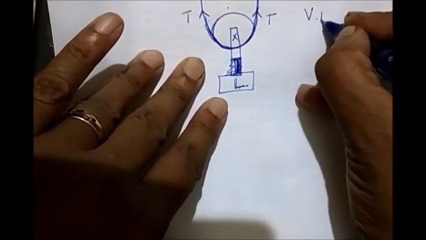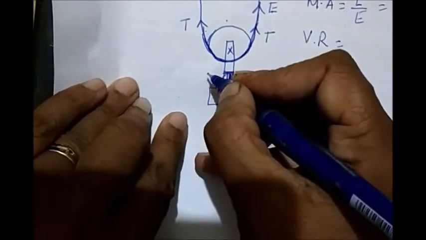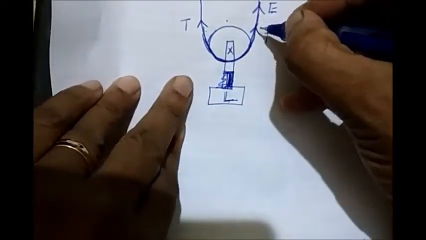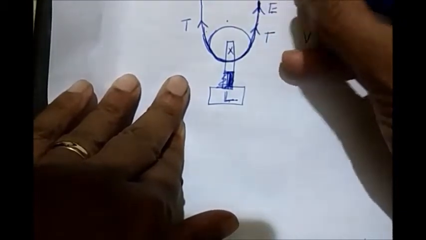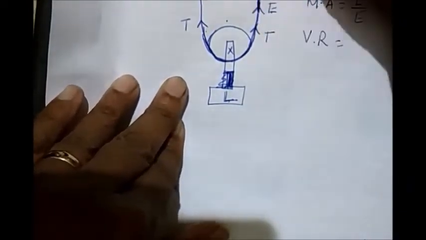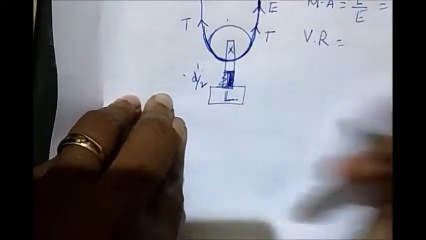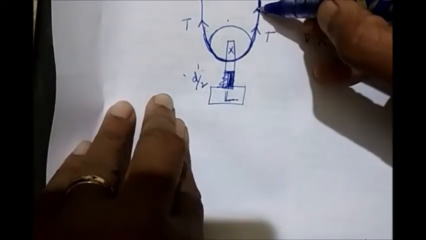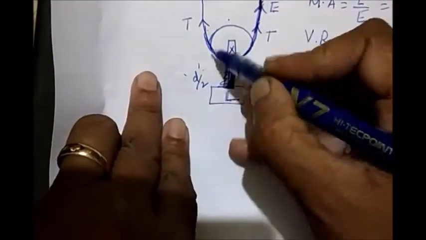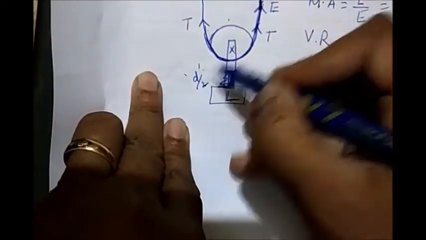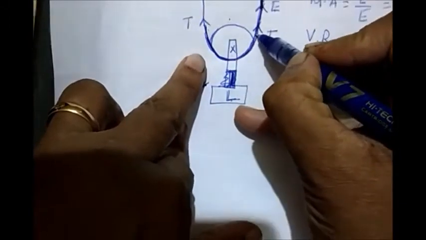Same way, velocity ratio. Now if I pull this rope by a distance D, the load would have lifted through a distance D by 2. I have pulled the effort through a distance D, but the load would have lifted only through D by 2. Why is it so? Because again 2 ropes are involved.